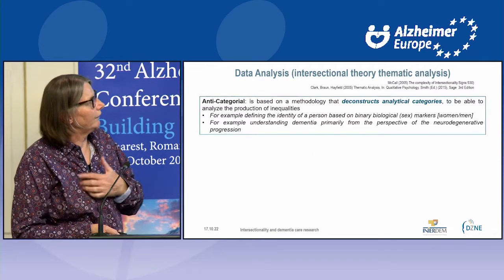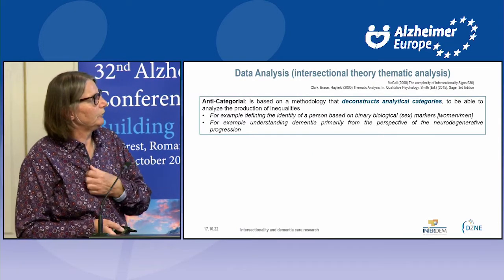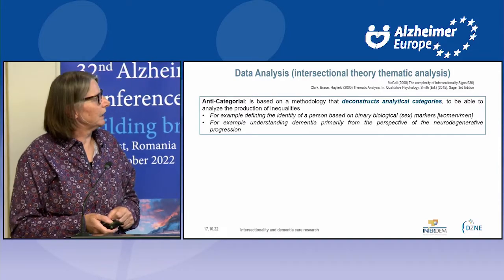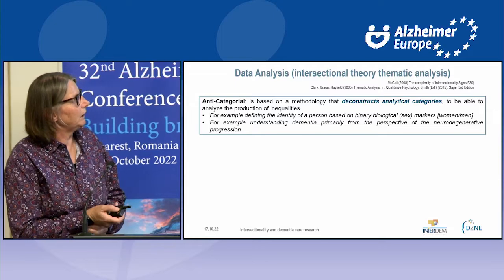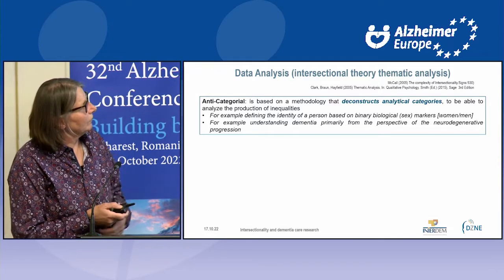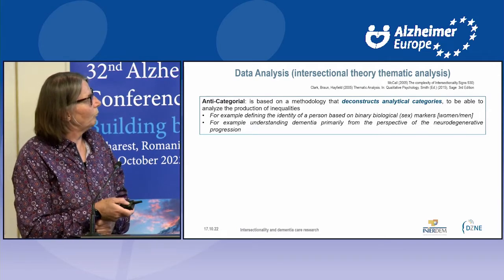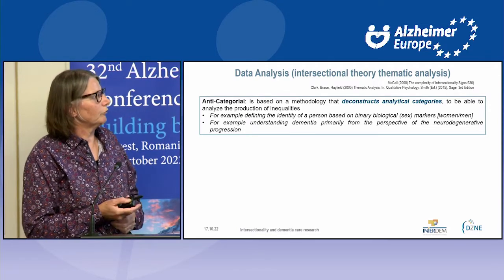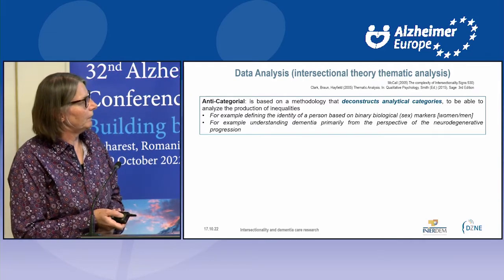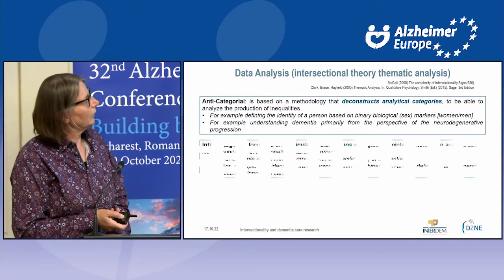And then, of course, we have to use a model. We are using the model of McCall, who described these categorical analyses as a key part of the intersectional analysis. And I brought you some kind of example. So one is to deconstruct, to have a better understanding of, for example, the binary or non-binary sex markers.